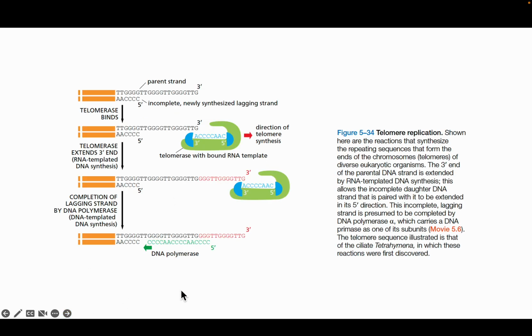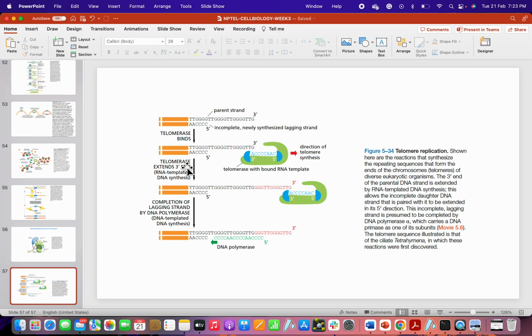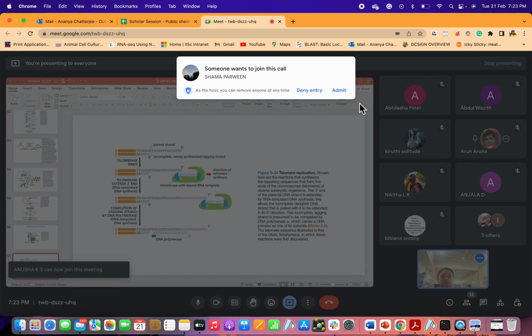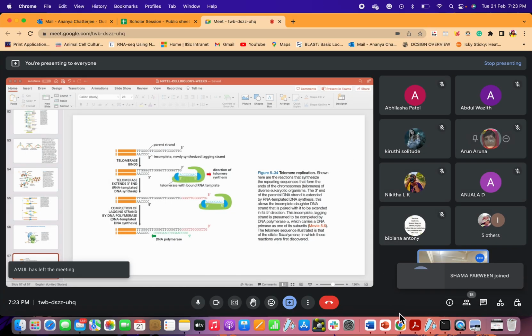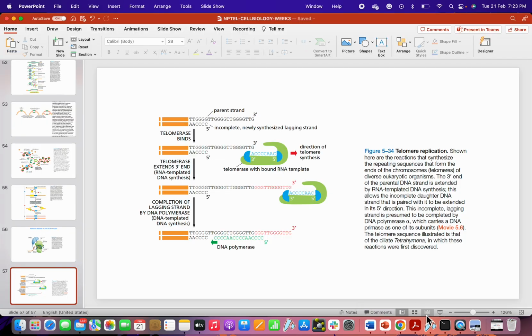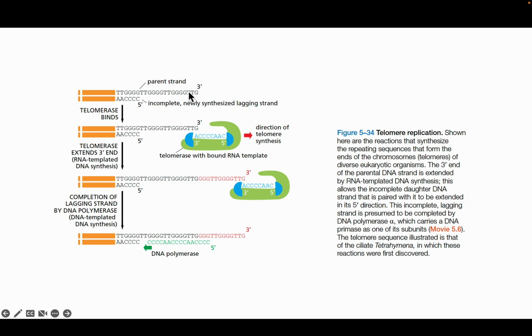So how is the telomere replicating? Here you can see this is the parent strand, parent strand. These are incomplete, newly synthesized lagging strands.